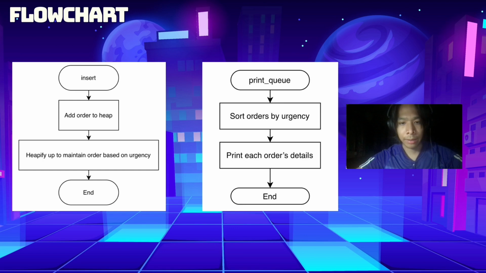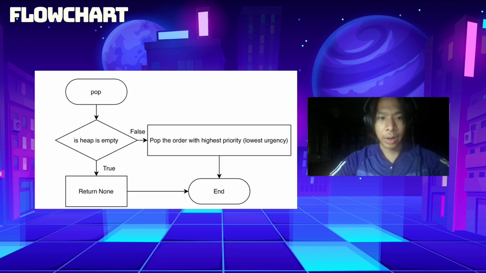Let's go to the next slide for the next predefined processes. For pop, it's going to pass through the decision: is the heap empty? If it's true, it's going to return none and finish. If it's false, it pops the order with the highest priority, the lowest urgency value, and also finishes.